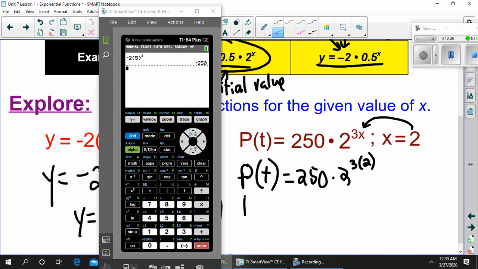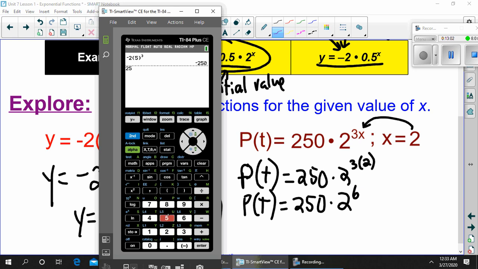So really what it becomes is 250 times 2 to the 6th power, because 3 times 2 is 6. That's basically it. So you just put that in. I'm not going to graph this one. 250 times 2 to the 6th power. So all you need is the number. So it's 16,000.